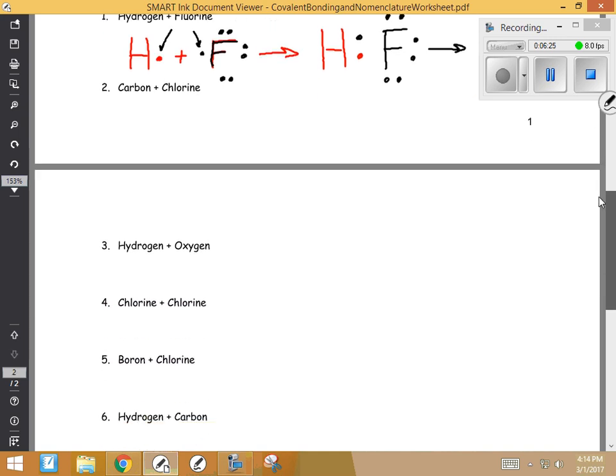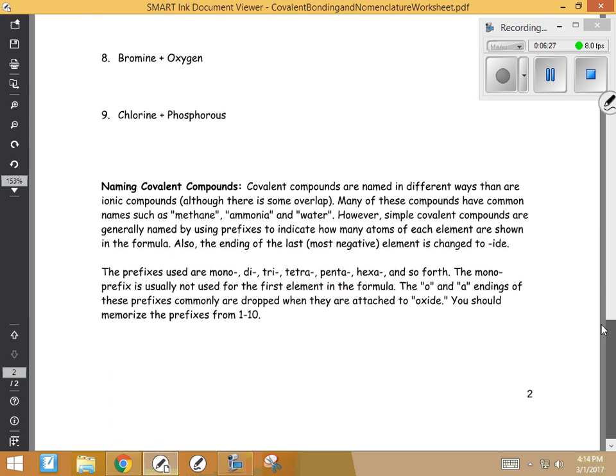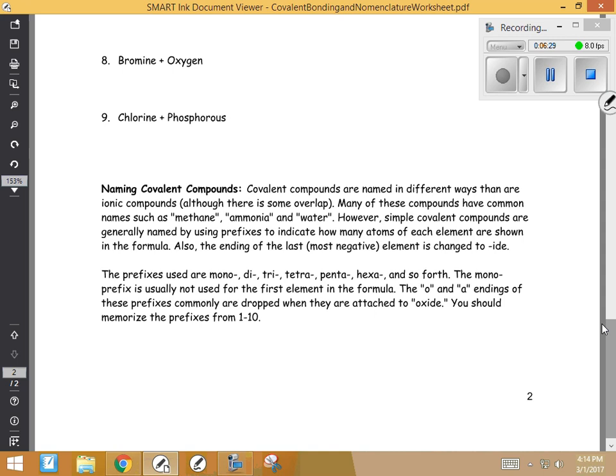Let's page down to the naming conventions that I included on your worksheet. Covalent compounds are named in a different way than our ionic compounds. Many of them have common names like methane, ammonia, and water. However, simple covalent compounds are generally named by using prefixes to indicate how many atoms of each element. Okay?